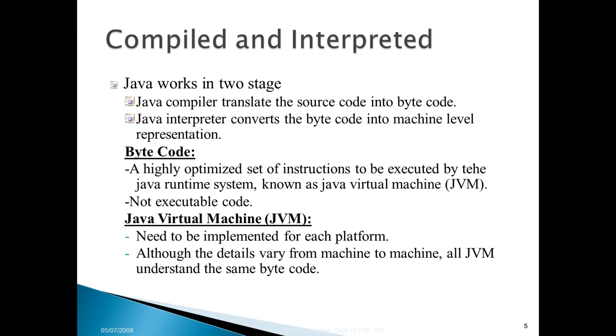Whenever you install Java software, it will have JVM, which is called Java virtual machine. So this Java virtual machine will understand the byte code. Without Java virtual machine, your byte code cannot be executed, because JVM can only understand the byte code.